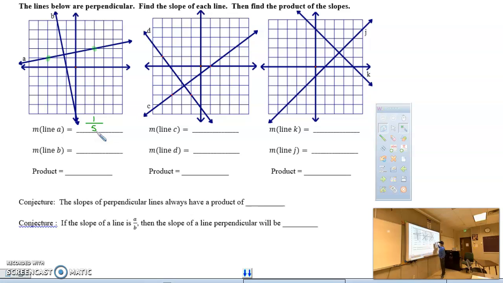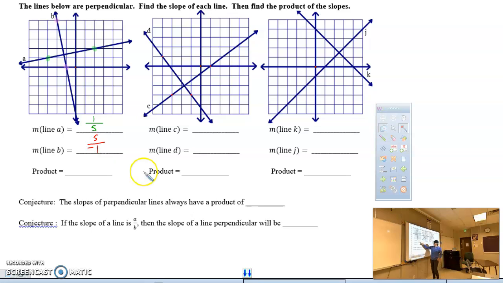Okay, for line B, a couple of points that cross in a good position would be those 2 points. Then counting up and over: from this point I go up 1, 2, 3, 4, 5, so up 5. And then I went left 1, which is a negative 1.